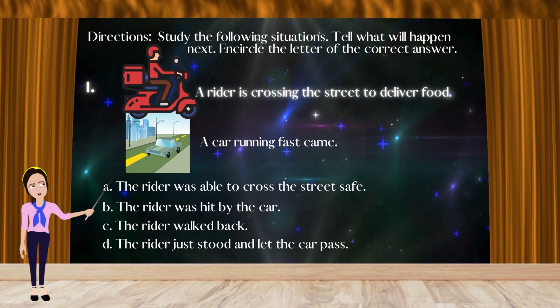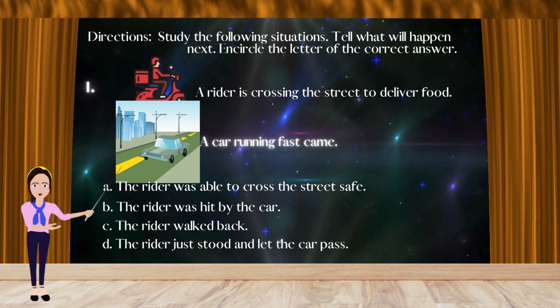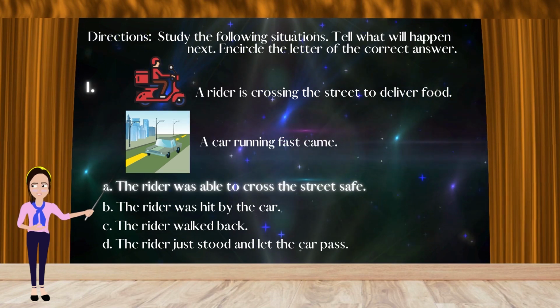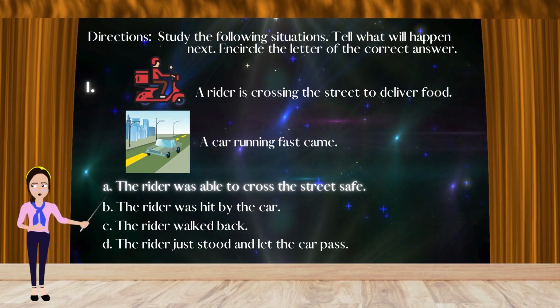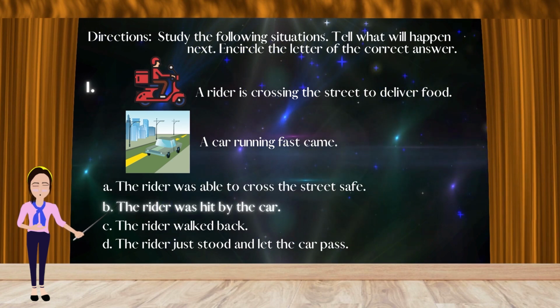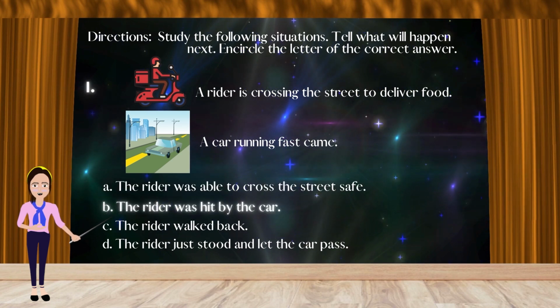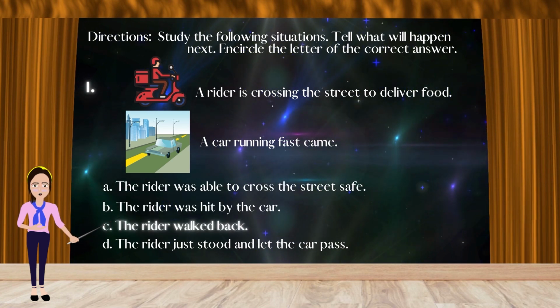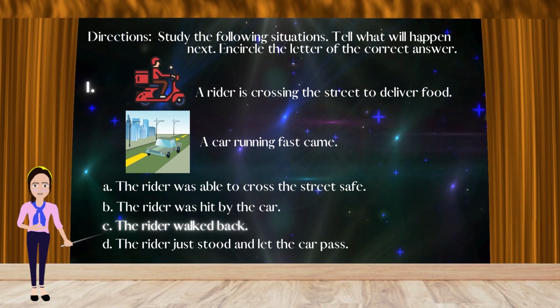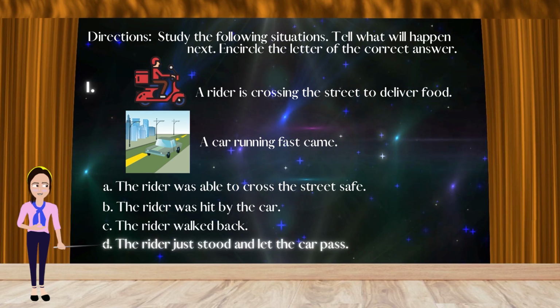A rider is crossing the street to deliver food. A car running fast came. A. The rider was able to cross the street safe. B. The rider was hit by the car. C. The rider walked back. Letter D. The rider just stood and let the car pass.